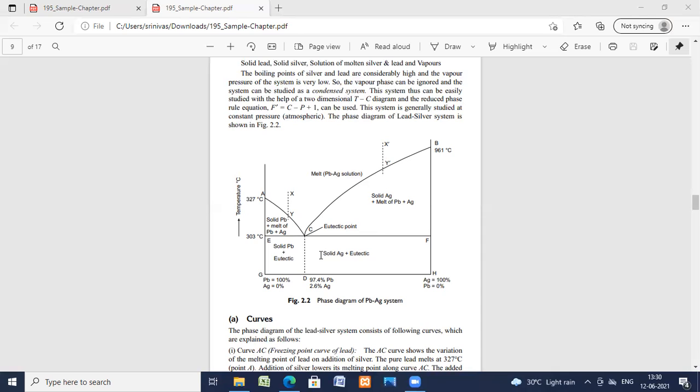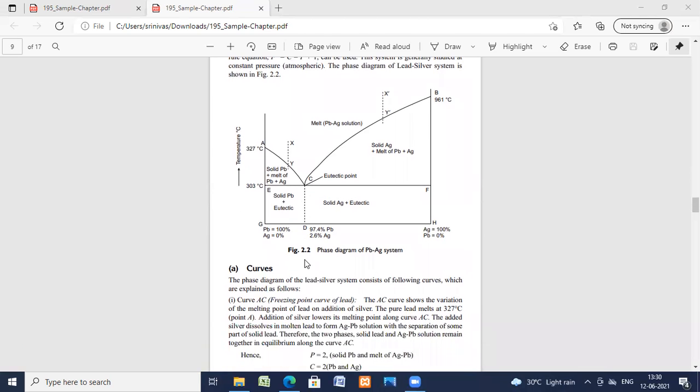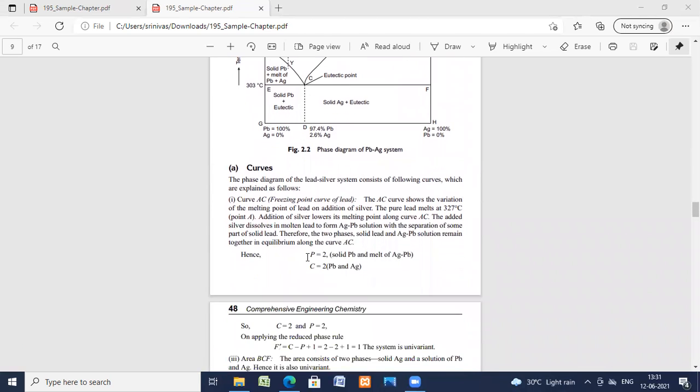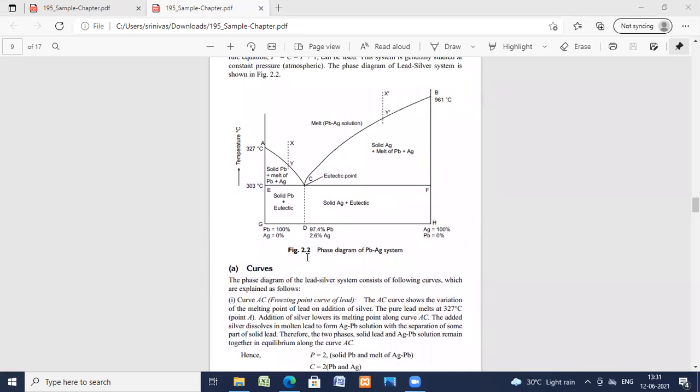Now let us have a look onto the curves, the point, and the areas in the phase diagram. The phase diagram of the lead silver system consists of the following curves. As explained, AC curve, it is a freezing point curve of lead.